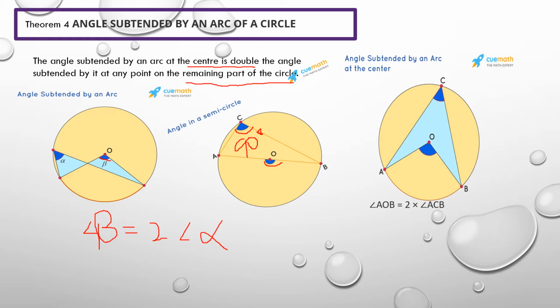Similarly, this arc AB is subtending angle AOB at the center, and the same arc AB is subtending angle ACB in the remaining portion of the circle. So angle AOB should be twice of angle ACB.